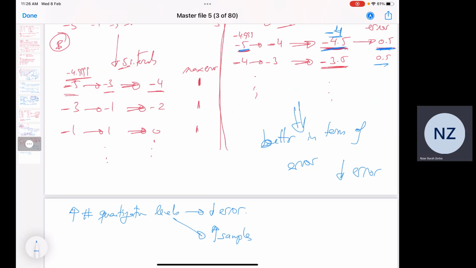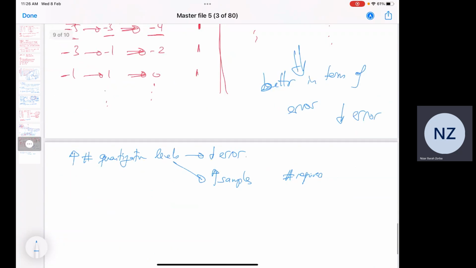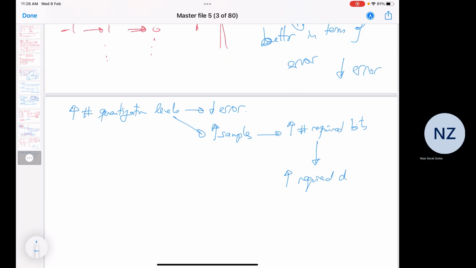Whenever we have more samples, even if you'd like to use the easiest encoder, number of required bits is written here: the number of required bits equals log of the number of samples. So whenever you increase the number of samples, you will increase the number of required bits, right? Do you agree? Whenever you increase the number of required bits, you will increase the required data rate.